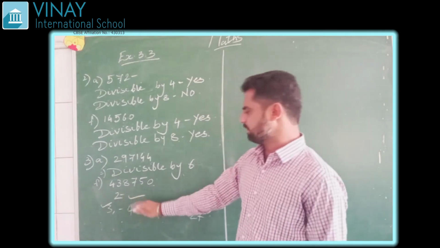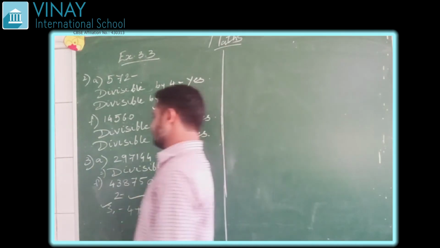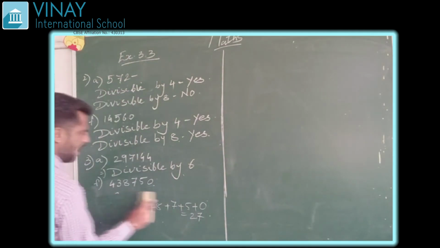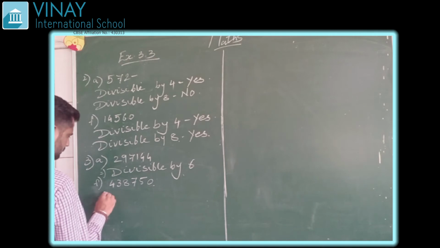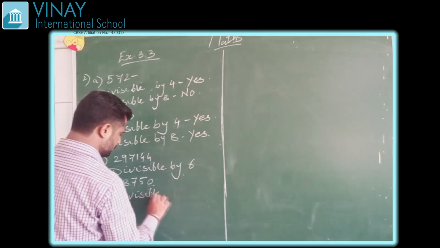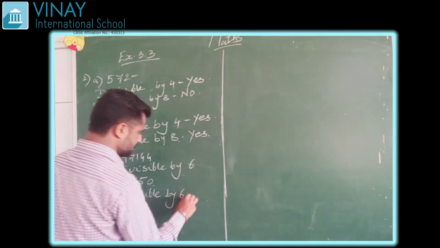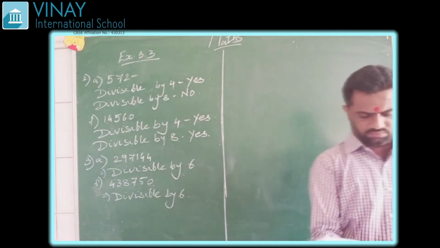So this number is divisible by both 2 and 3, and that's why this number is also divisible by 6. Now let us see question number 4.